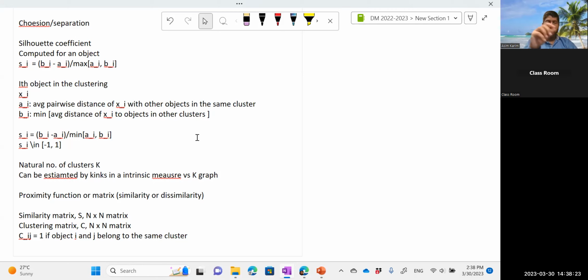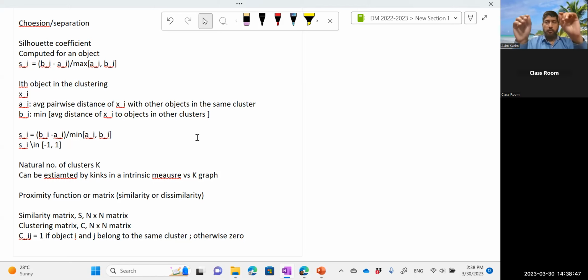So you can then create a clustering matrix. If objects i and j are in the same cluster, you should have a 1 there in the matrix. Otherwise, it will be 0. Okay?